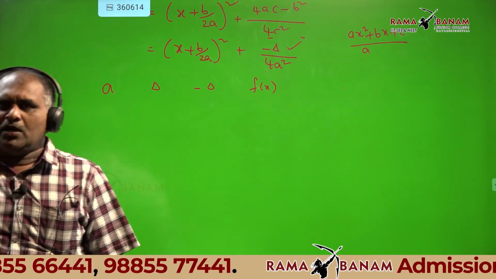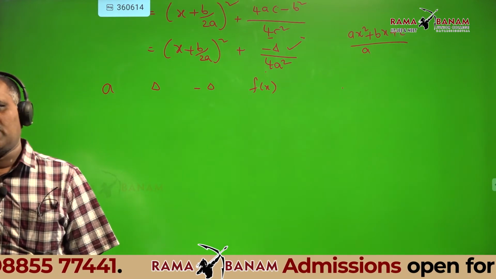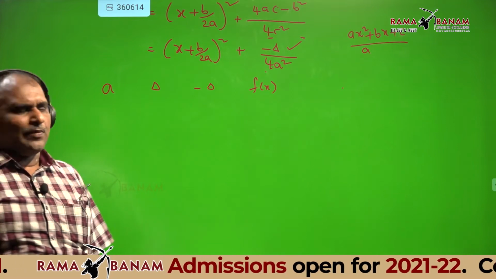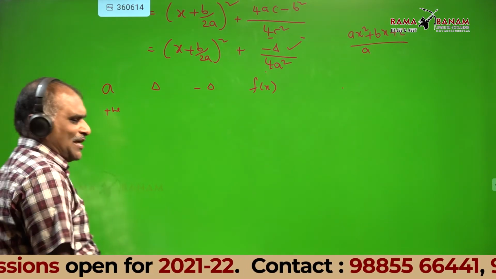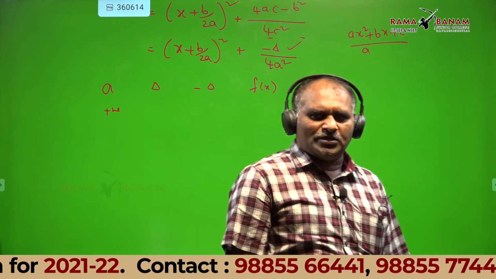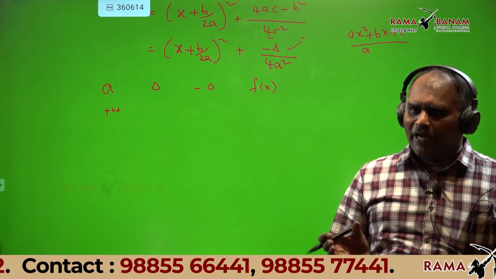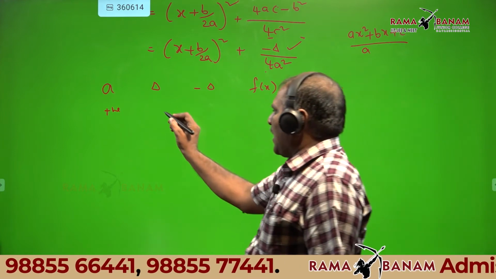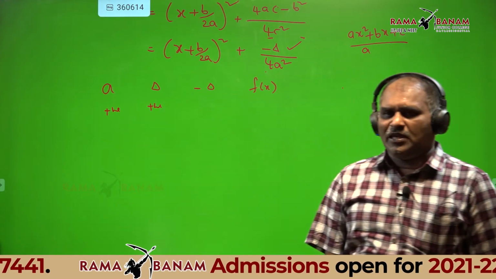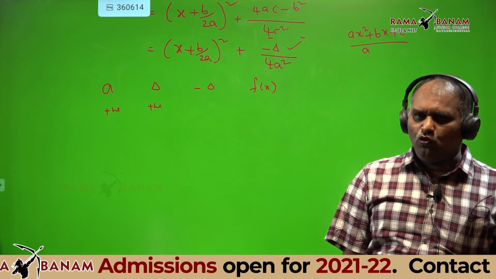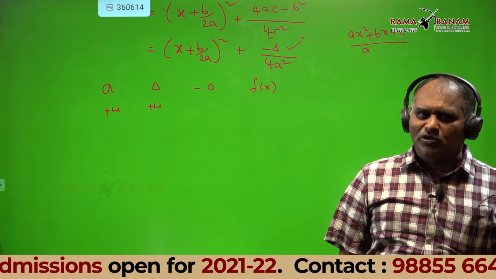Here questions are given in different forms. Sometimes, first case, a is positive. In that equation, a is positive, delta is also positive, as an assumption.